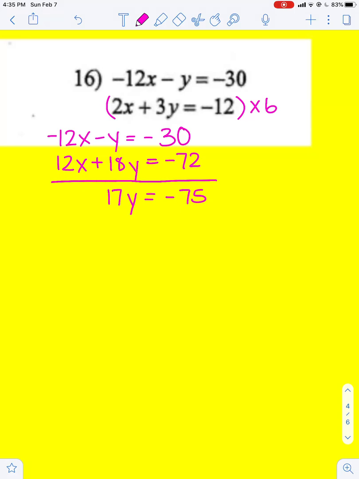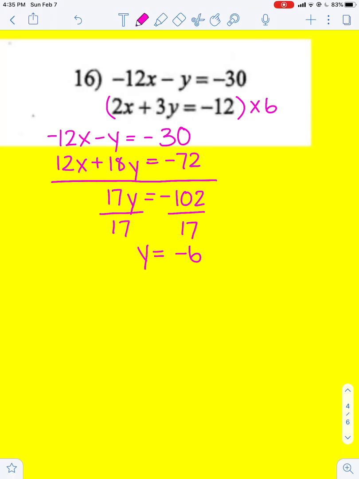Okay, that's my bad. So that is not going to be 75. That is going to be -102. So I'm going to divide by 17 on both sides. And that is going to give me y is equal to -6.